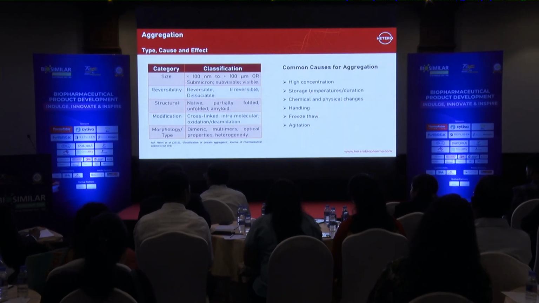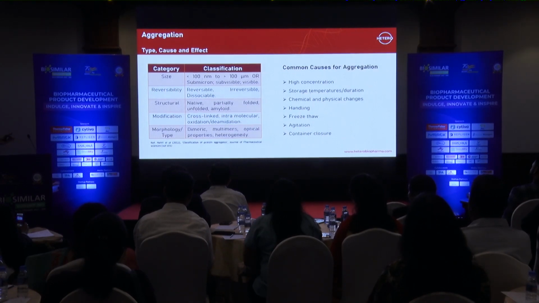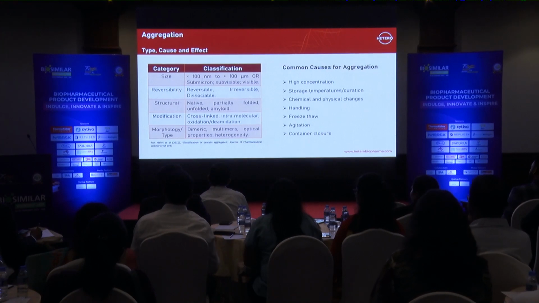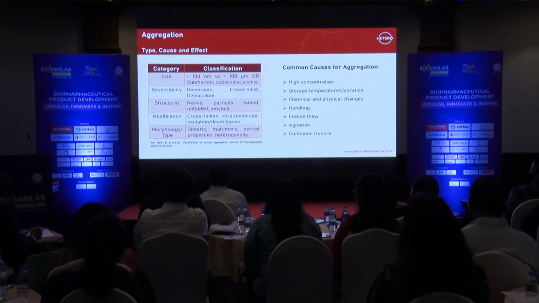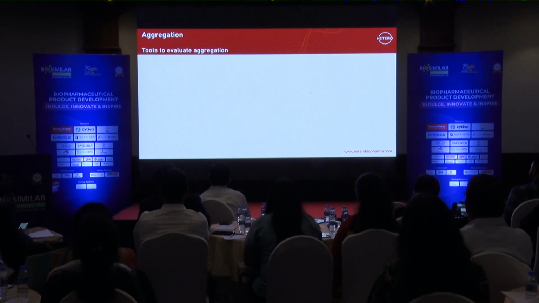Agitation: there are shipments happening all around. The supply chain is tight, but it is not completely under your control. So any kind of agitation can lead to aggregate formation, which we also have to characterize. And more importantly, a newer understanding is that even a container closure can impact your aggregation, because we have seen that if you store a particular kind of protein in a single-use bag versus a PETG bottle versus a glass bottle, it can change your aggregation pattern.